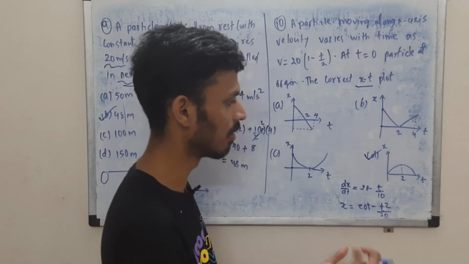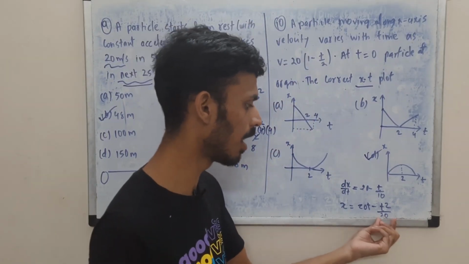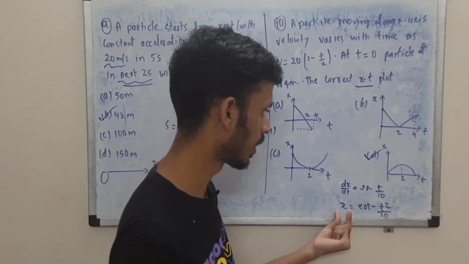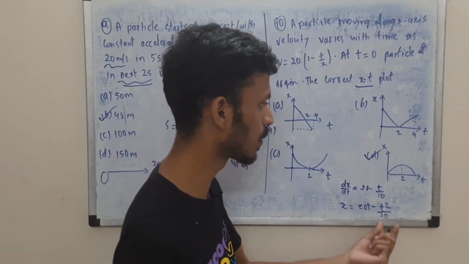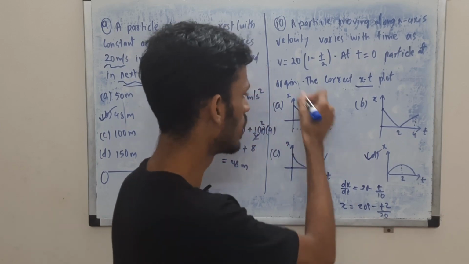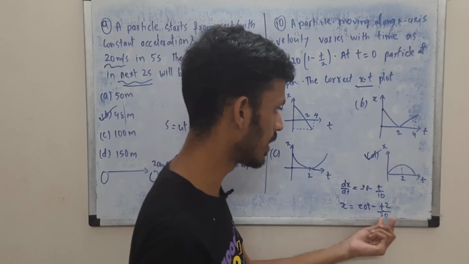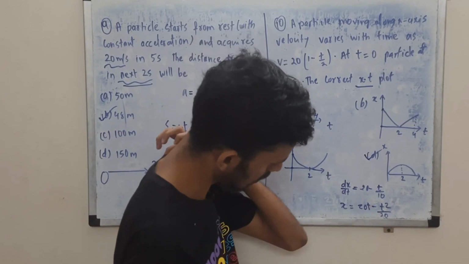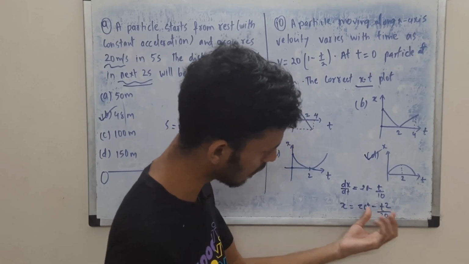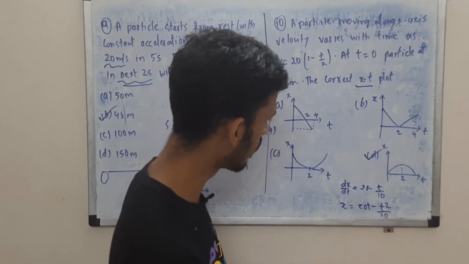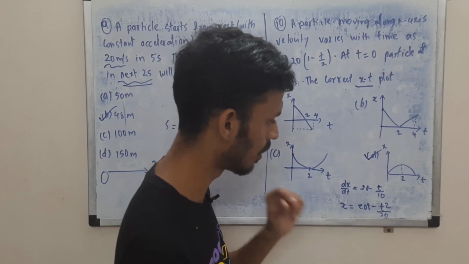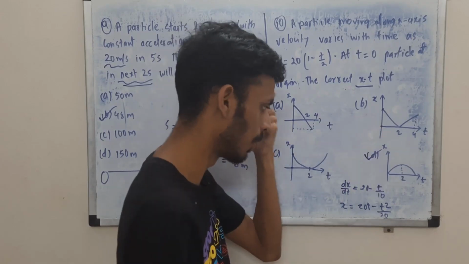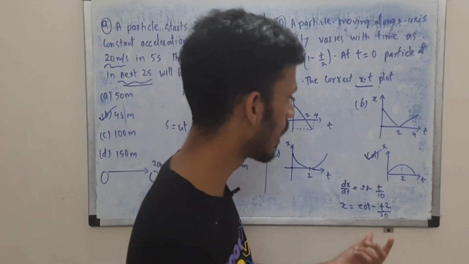So if you see, this is like an inverted parabola. It is a parabola form, it won't be linear, and t square decides how it opens.